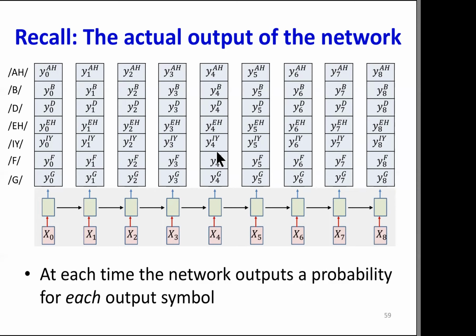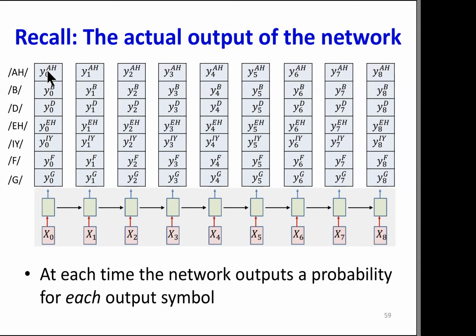Now remember that the actual output of the network is a complete probability distribution over all of the phonemes at each time. Again, I'm speaking in terms of phonemes, but this generalizes to any problem where you have order synchronous, time asynchronous outputs.